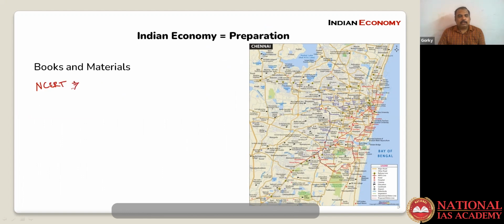In NCERT, we have Understanding Indian Economic Development and Macroeconomics. These 2 NCERT books are enough. In case you want much more clarity, you can refer to your state SCERT.